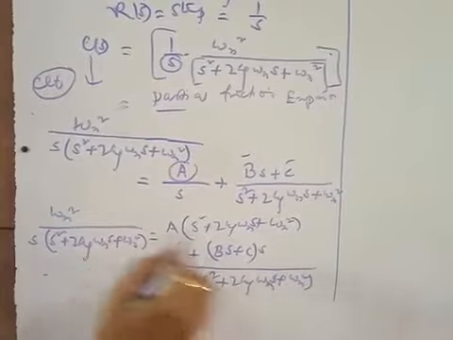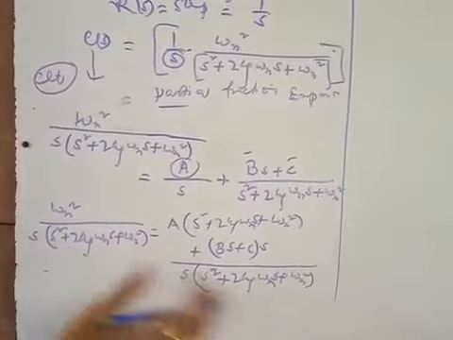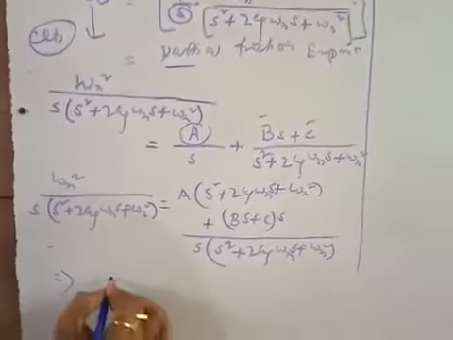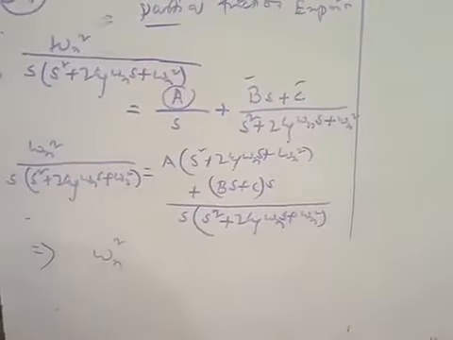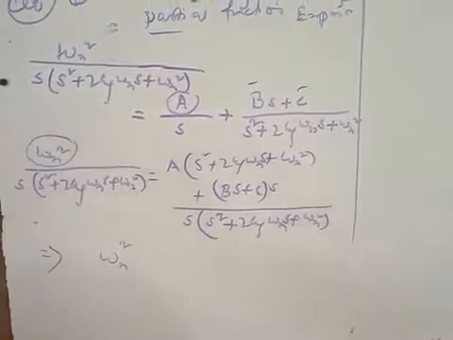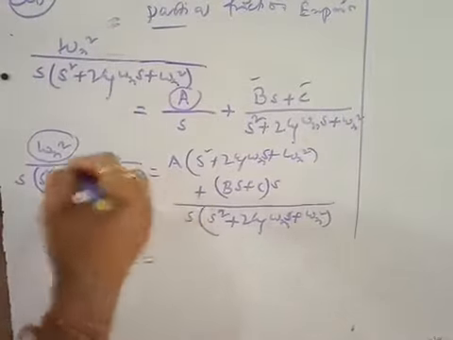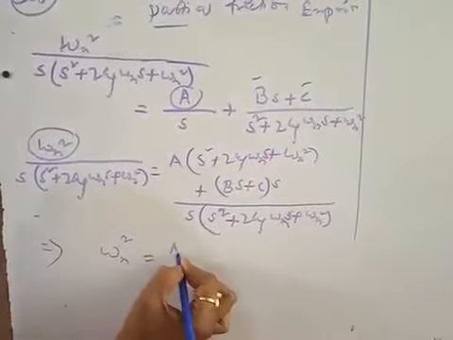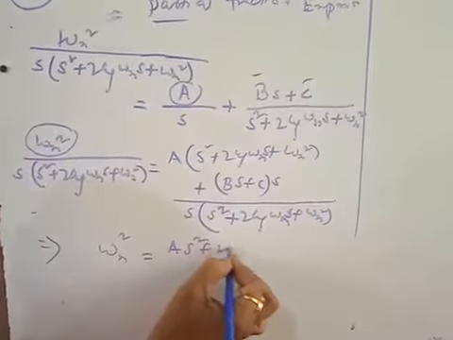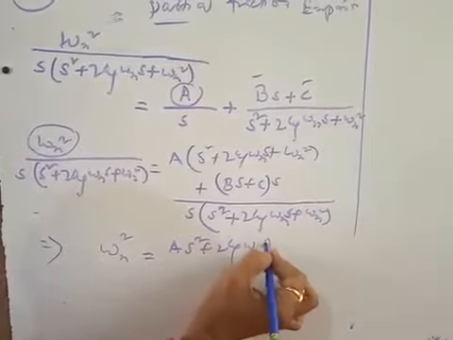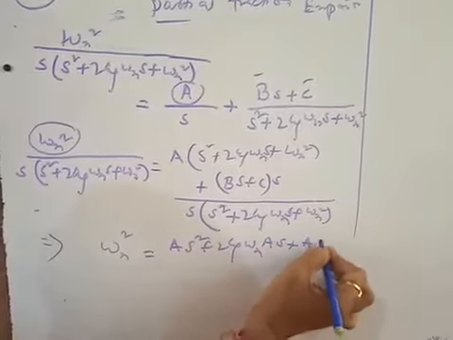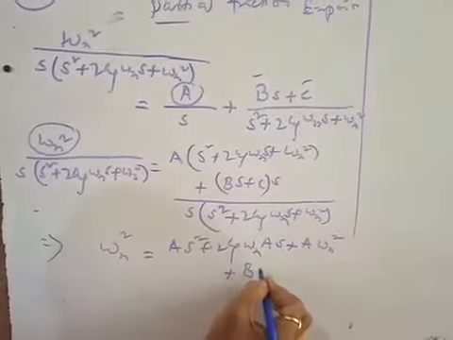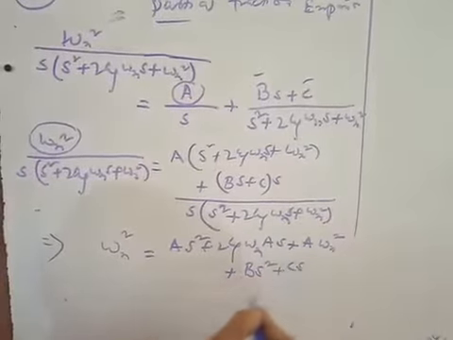So see, from this equation the denominators are the same, so you can cancel out the denominator part, and finally we get at the left hand side only omega n square, the numerical part. In the right hand side you multiply this term straightforwardly, and you get A into s square plus 2 xi omega n A into s plus A into omega n square plus B s square plus C into s.